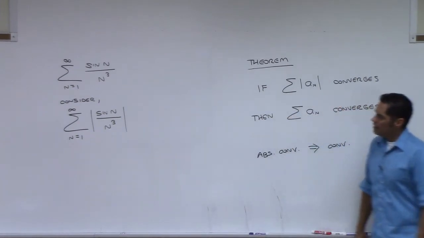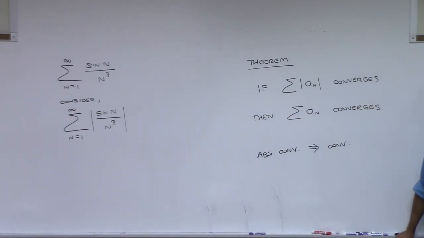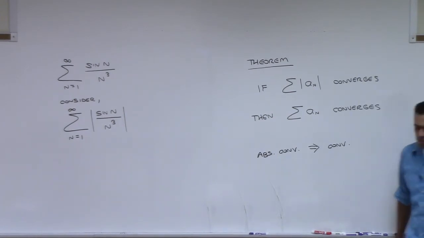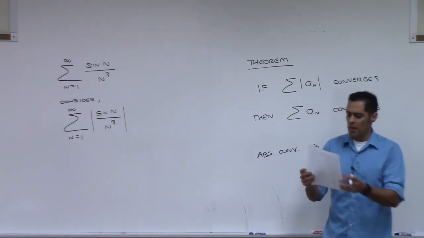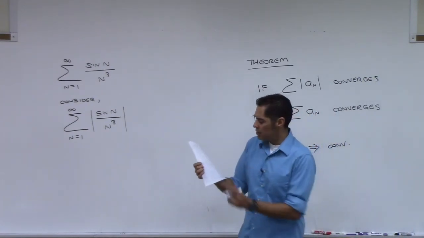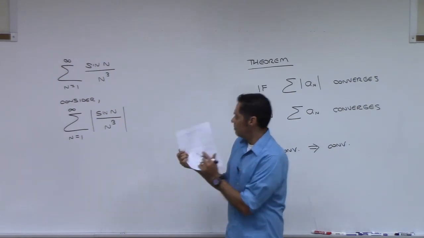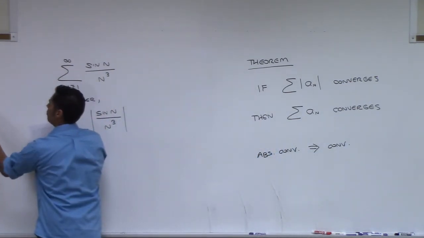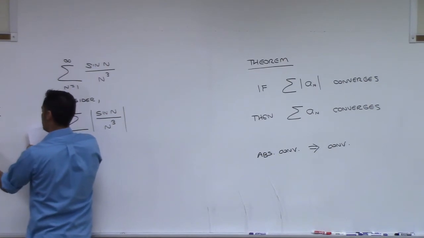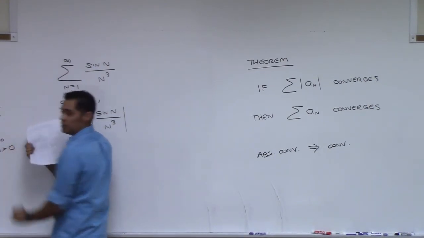Now, why did I take the absolute value of it? Because I want to do a comparison. And the thing about the comparison test is, what are the conditions on it? If you look at your table, right below the two sums it says a sub n greater than 0, b sub n greater than 0. See that on your sheet?